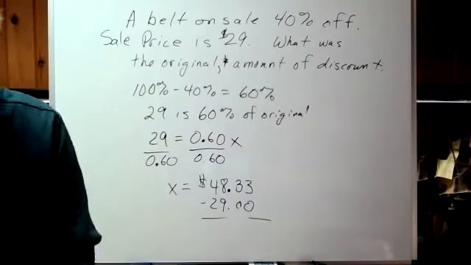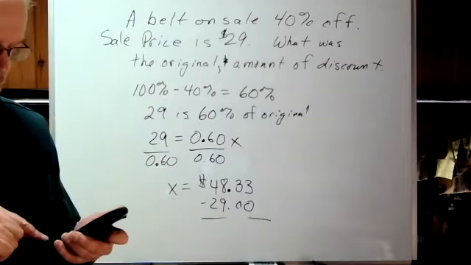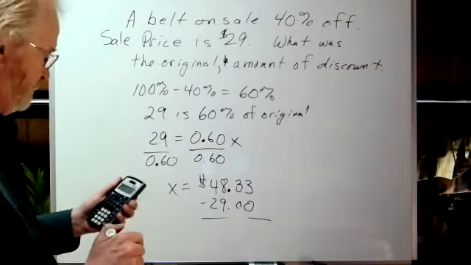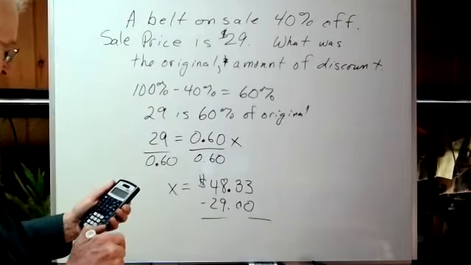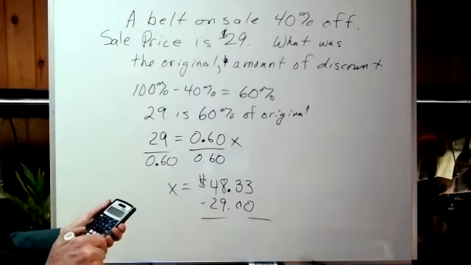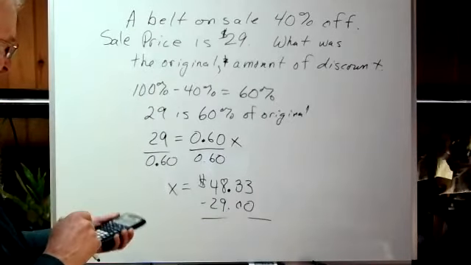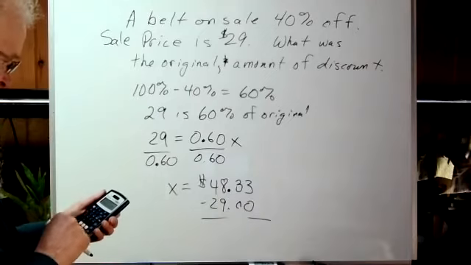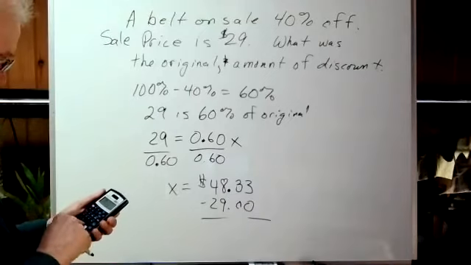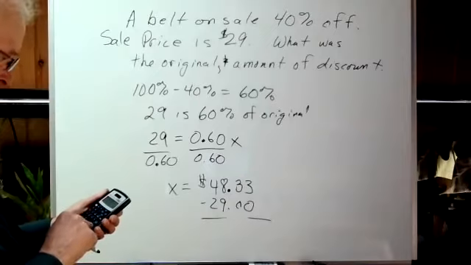It's still my calculator. I just do minus 29 and get, whoops. I got 19.33. That can't be right, right? That's what I got. That's what I got too.